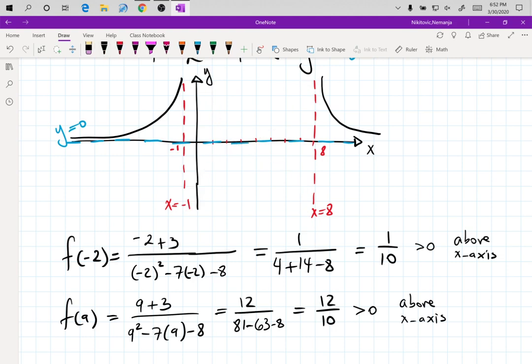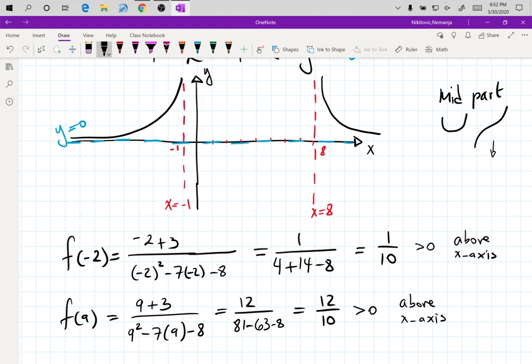Now, we first try to figure out what shape we have. For the mid part, is it going to be a U shape or one of these cross shapes? We can detect that very easily. Look for x-intercepts.